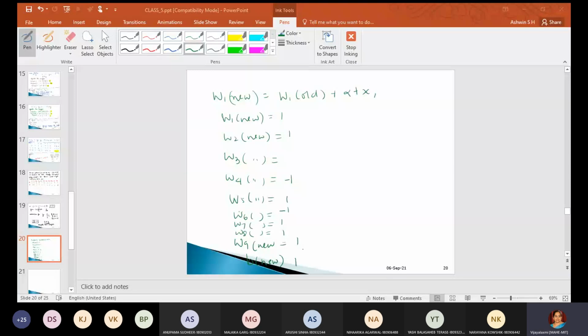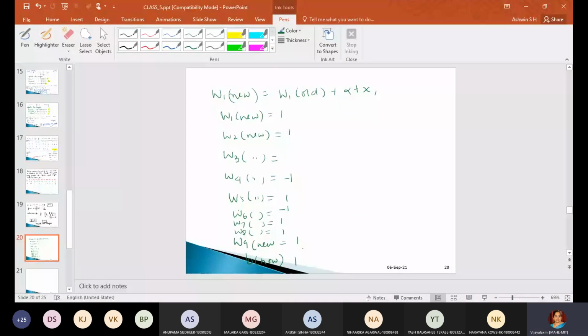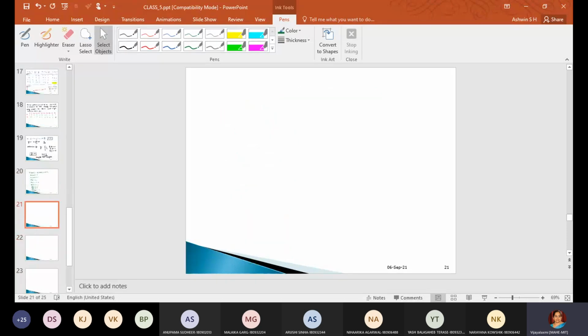Is it done? Can any one of you tell, for the second input, what is y_in, what is y, check whether y is equal to t, and if it is not the same, what are the new weights?